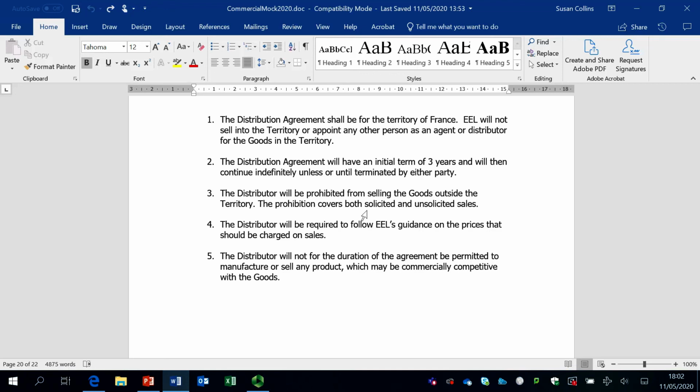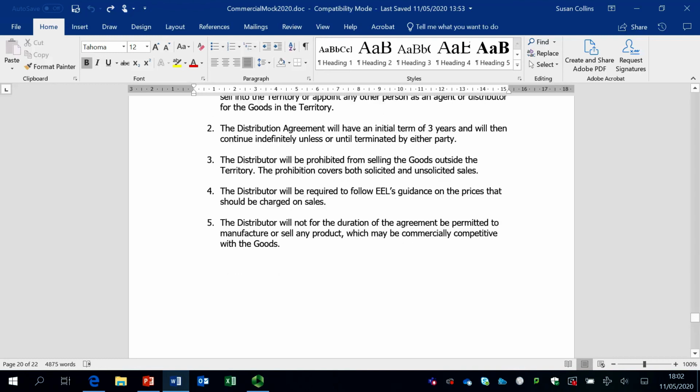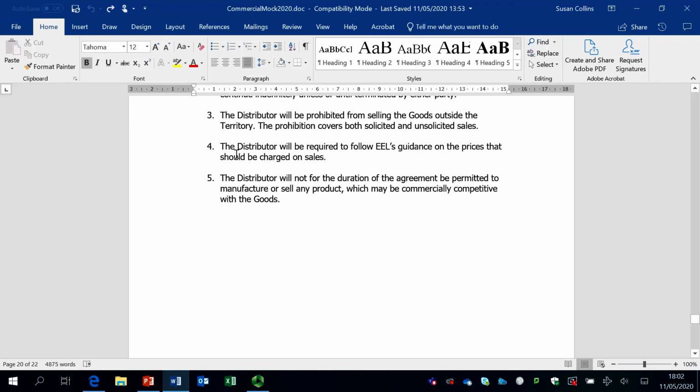You can't restrict active selling beyond that, and you can't restrict passive sales at all. So that's what you'd need to do in relation to 3. In relation to 4, you can't price fix, of course. You can have a recommended price or a maximum price, but you'd have to amend clause 4 to fit with those aspects of Article 4A.